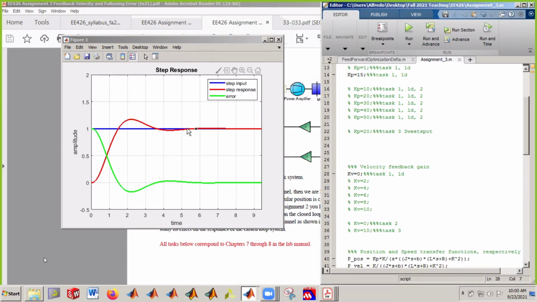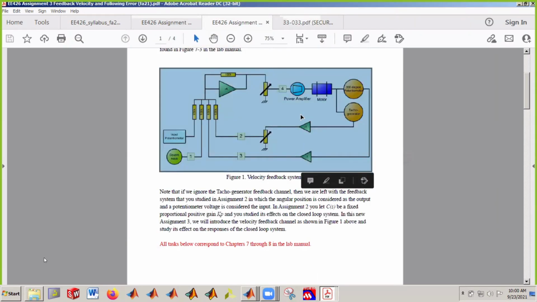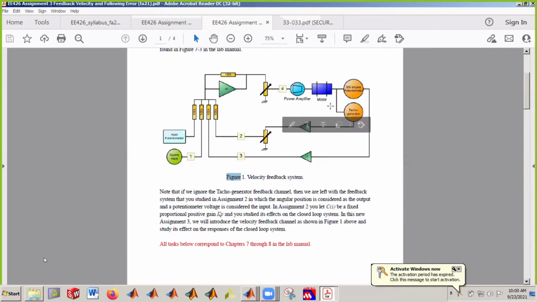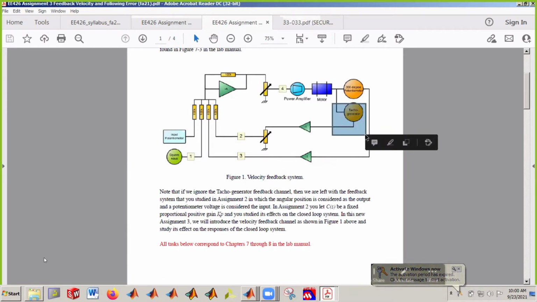Now, how should you be interpreting this physically? Well, this is the velocity of the system. It is being fed back, and we are somehow using this to help us get better responses without changing the proportional gain. So this velocity feedback acts as a predictive signal that tells the motor to slow down before the overshoot.